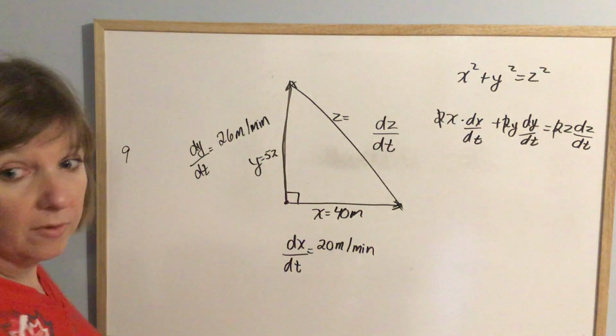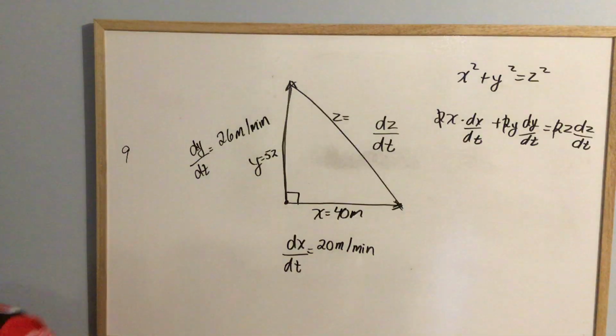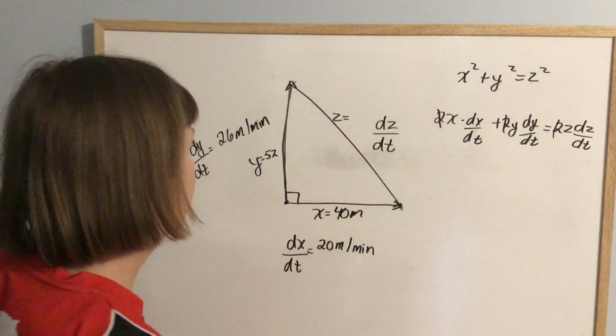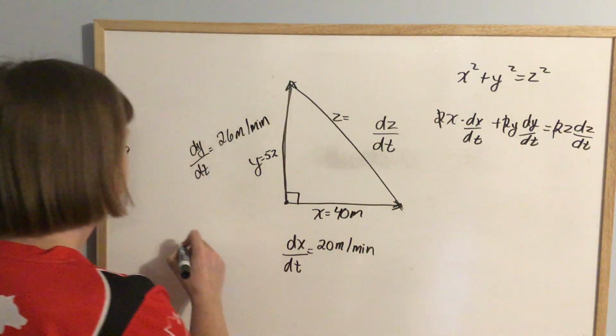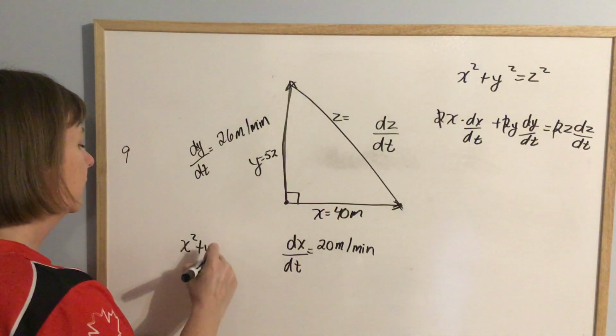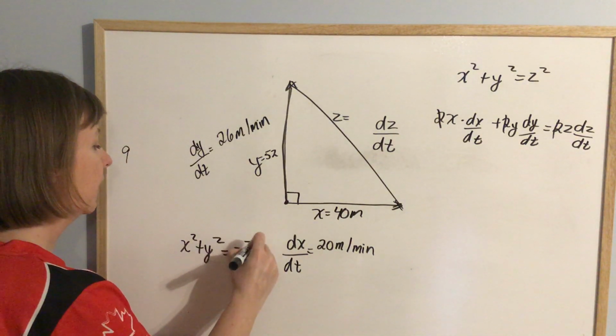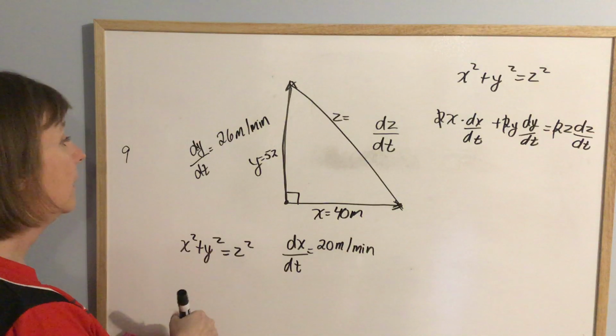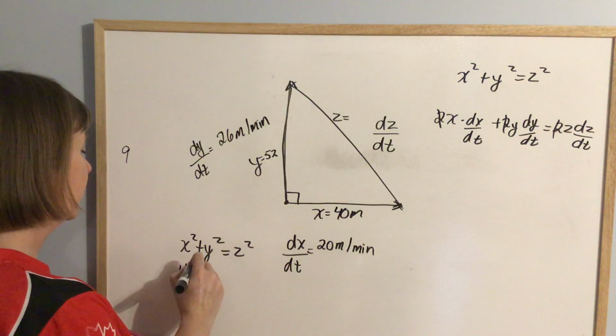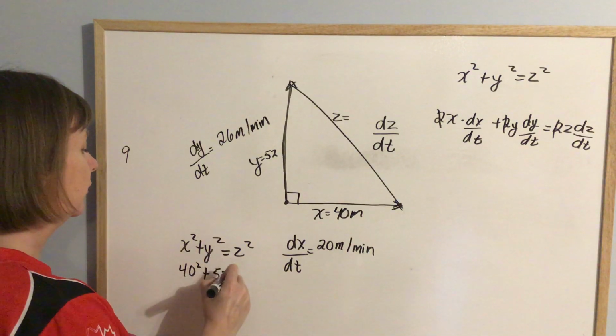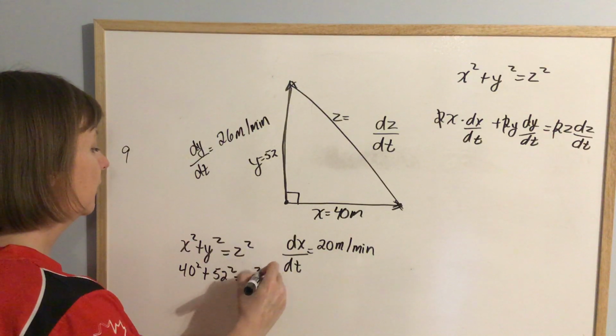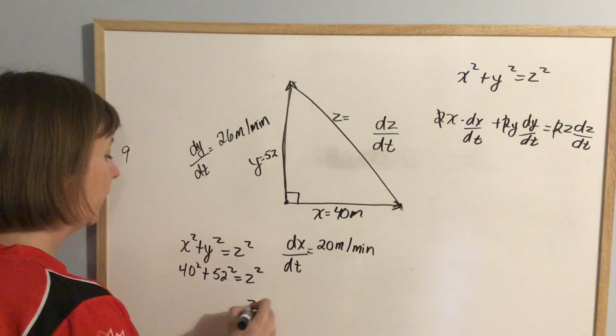So I can figure out z. I have a calculator. I can figure out z because we know x squared plus y squared equals z squared. Hope this is in the frame. So 40 squared plus 52 squared equals z squared. And so I can figure out z.